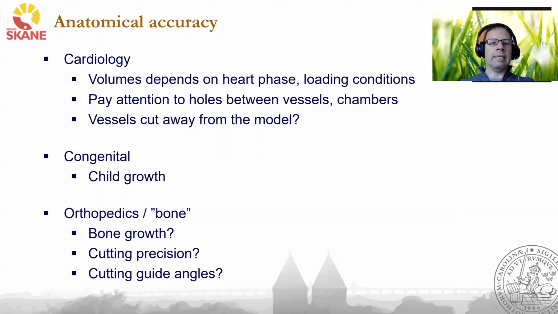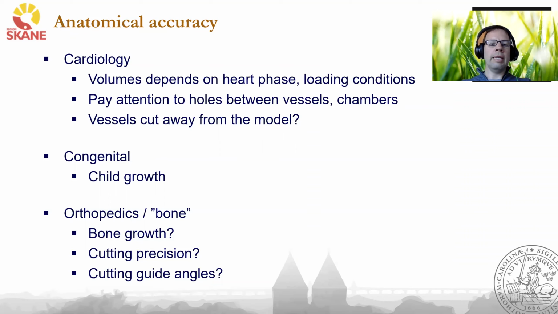And as I said, it depends on the application. So for instance, in cardiology, the volumes of the heart depend on the heart phase or the loading conditions. So here, basically, dimensional accuracy is not a big concern, because it will depend on day-to-day conditions.